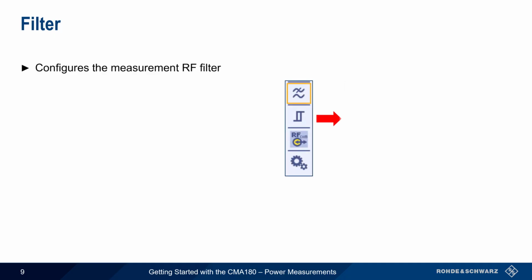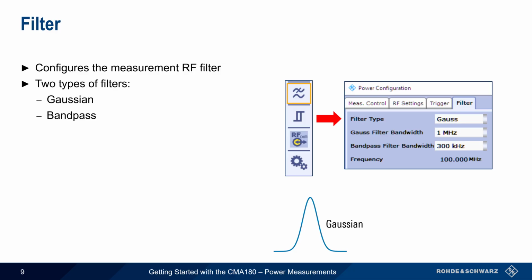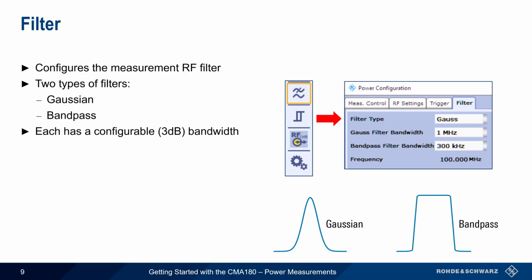Signals are filtered before power is measured, and the filter dialog is used to configure the filter settings. The CMA180 power application uses one of two filters. These are Gaussian and bandpass. Each filter has a user-configurable 3 dB bandwidth. The main difference between these two filter types is that the bandpass filter is more rectangular, with steeper edges and a wider, flatter passband compared to a Gaussian filter.